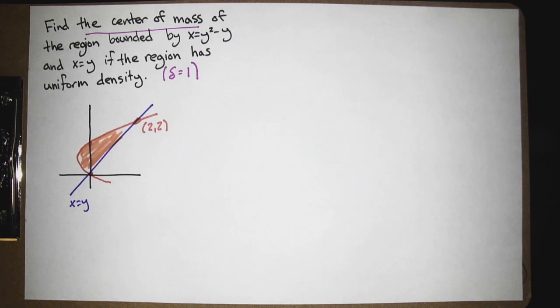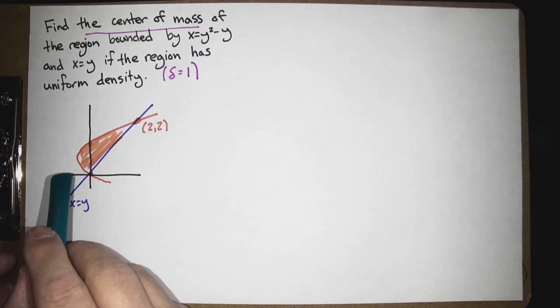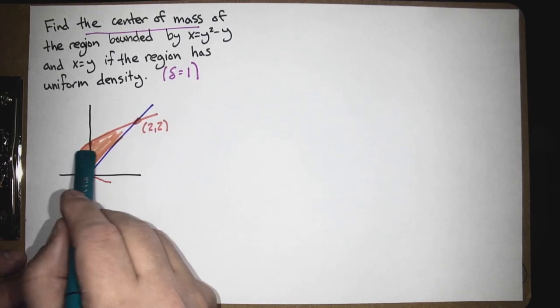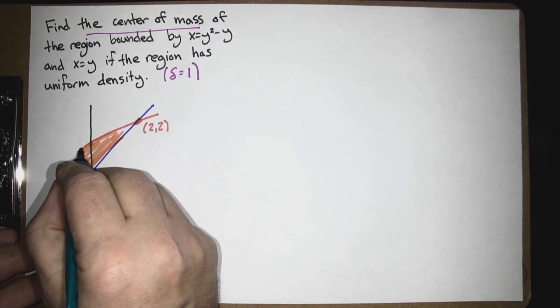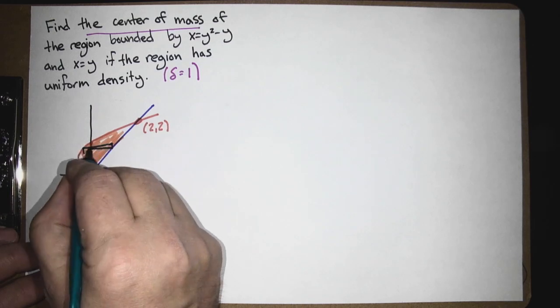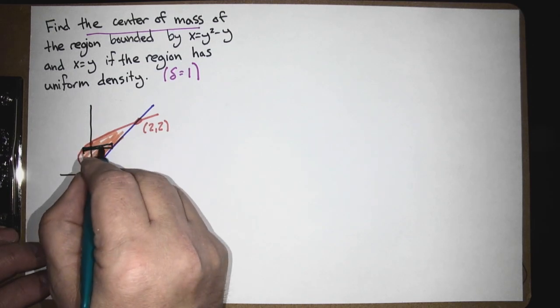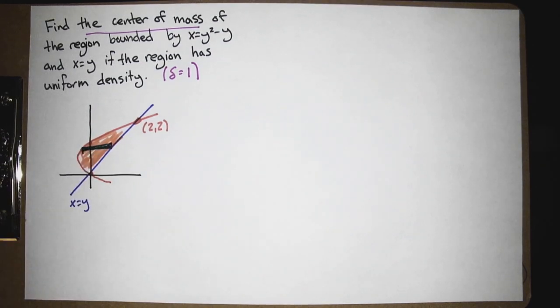On the other hand, when we slice horizontally, we're always going from the parabola to the line. Always the same left side, always the same right side. So it makes more sense to slice in our nice horizontal fashion. So here's one slice.